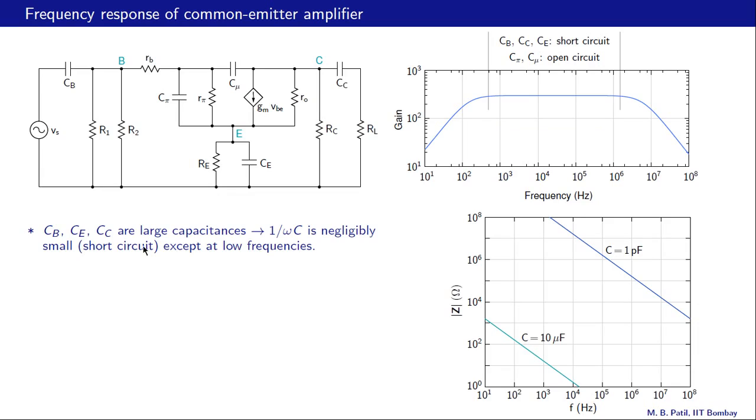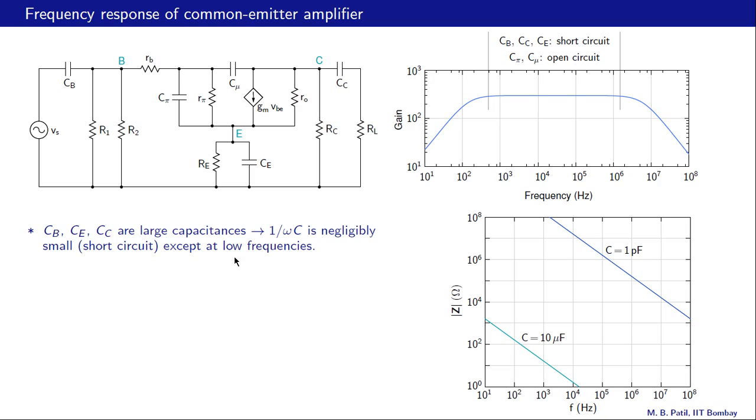The capacitances CB, CE and CC are large, in the tens of microfarads range or even larger. For these capacitances, 1 over omega c, the impedance presented by them, is negligibly small. That is, they are like short circuits, except at low frequencies.